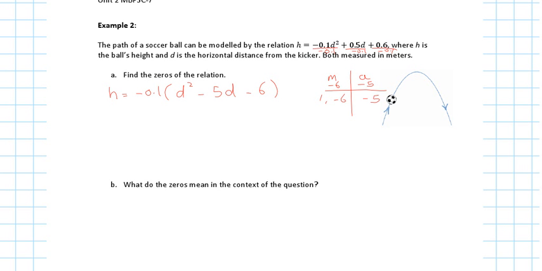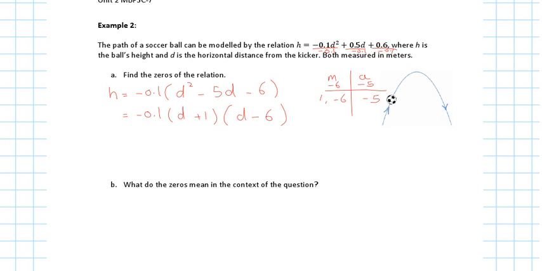Right? So that's going to be negative 0.1. You're going to have two brackets. It's going to be d plus 1 and d minus 6. Anyone doesn't know how to get to this point? Now it's in factored form, yeah?